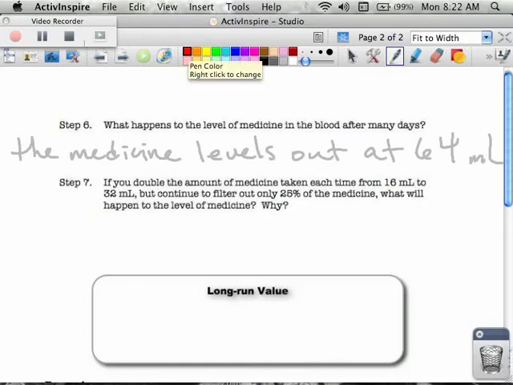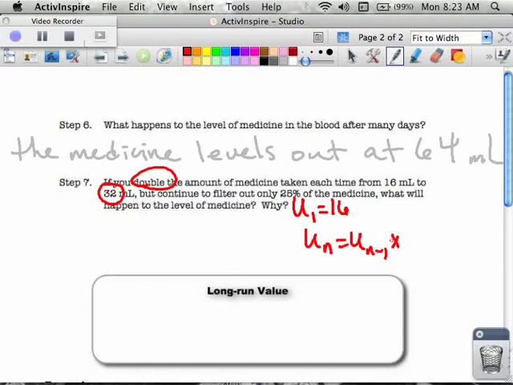What if we doubled the medicine to 32? So now what the equation would look like is U1 would still be 16 that I started with, but U_N equals U_(N-1) times 1 minus 0.25, and I'd be adding on 32.